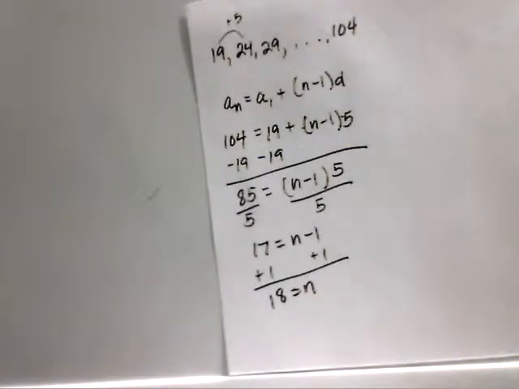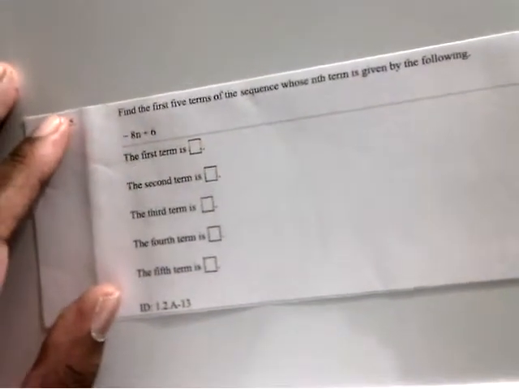All right, problem number 5 is this. You want to find the first 5 terms of the sequence whose nth term is given by the following: negative 8n plus 6. So that means you take whatever n is, multiply it by negative 8, and add 6 to it.